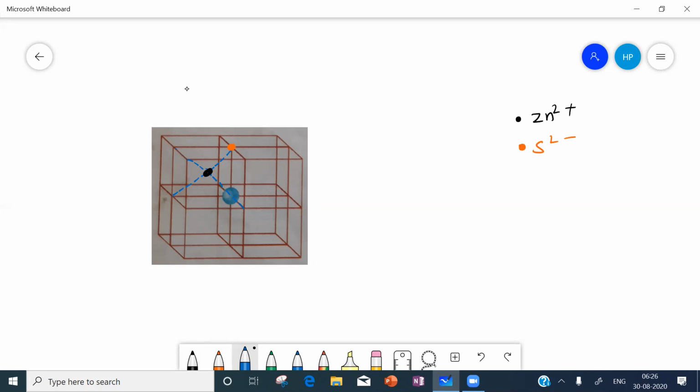We will take this top, right side, back cube.